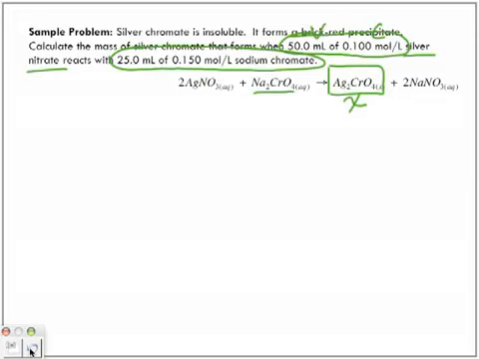Because we've got volume and concentration, we can use that to find the number of moles. So let's look at the number of moles of the silver nitrate. Remember, milliliters for volume, make sure you convert them to liters. That's the first step.